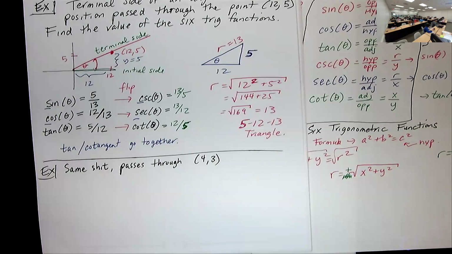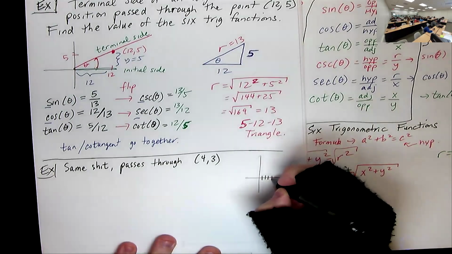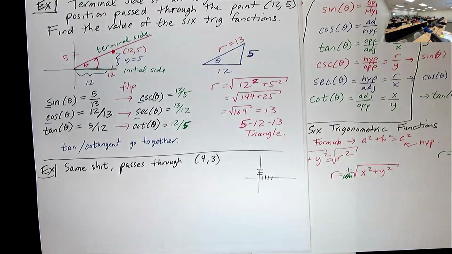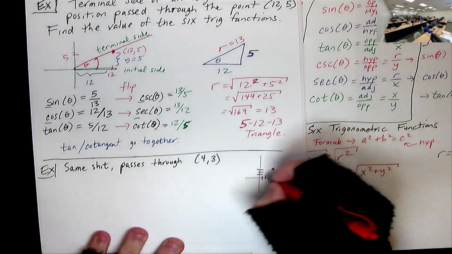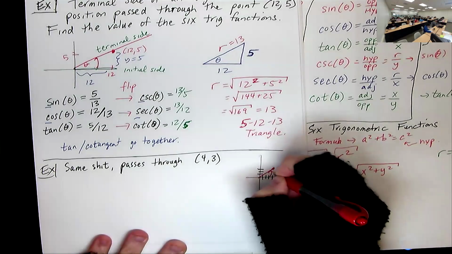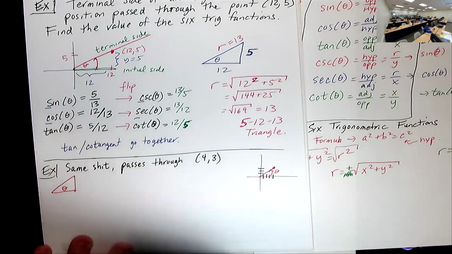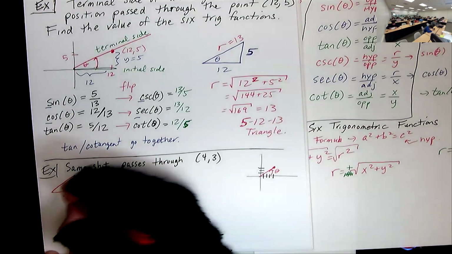If that's your cup of tea, go for it. Triangle looks like this. The X value is 4 and the Y value is 3.